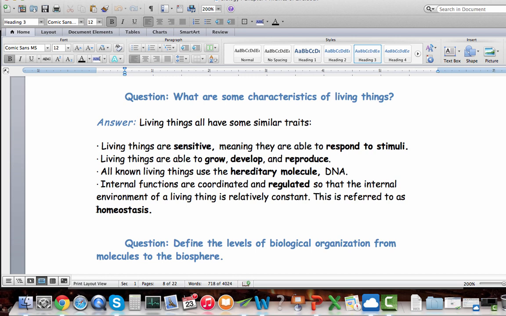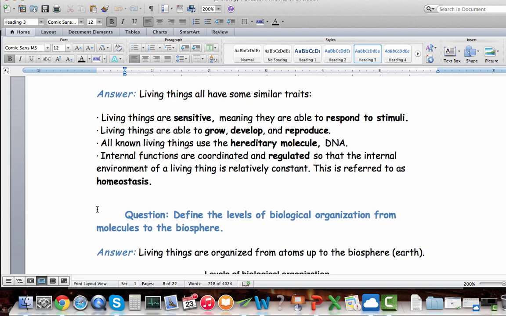Question. What are some characteristics of living things? Answer. Living things all have some similar traits. Firstly, living things are sensitive, meaning that they are able to respond to stimuli. Secondly, living things are able to grow, to develop, and to reproduce.